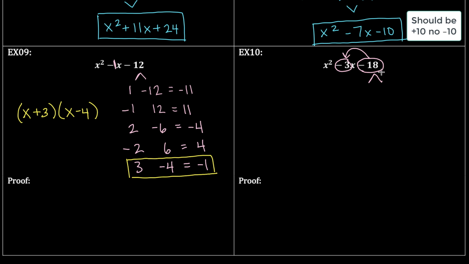So we have 1 and negative 18, which gets me nowhere near negative 3. I guess I can show you that part. 1 minus 18 is negative 17. 18 minus 1 is positive 17.